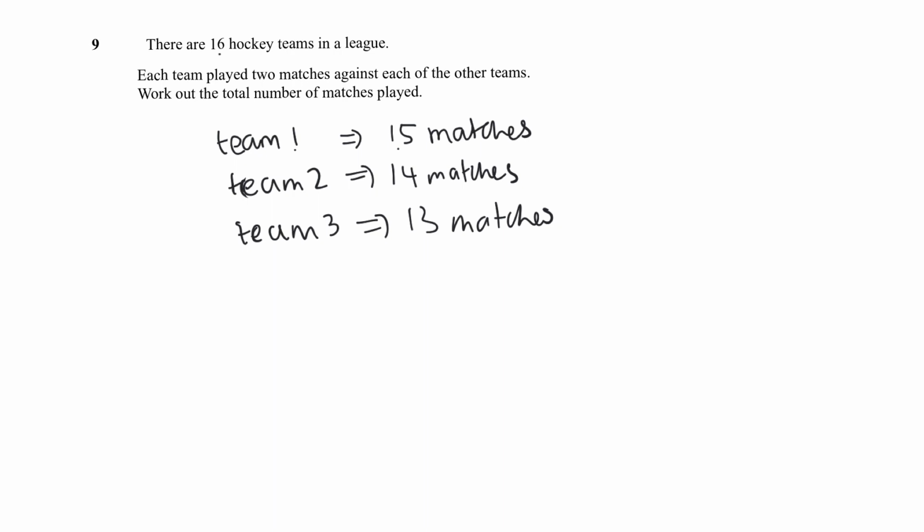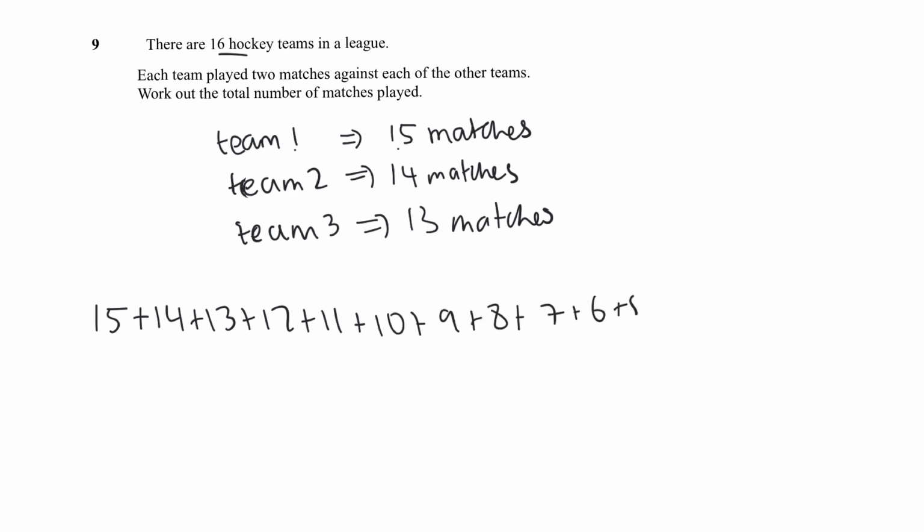So because you're dealing with 16 teams, you're going to end up doing 15 plus 14 plus 13 plus 12 plus 11 plus 10 plus 9 plus 8 plus 7 plus 6 plus 5 plus 4 plus 3 plus 2 plus 1. So you're going to add them all together.